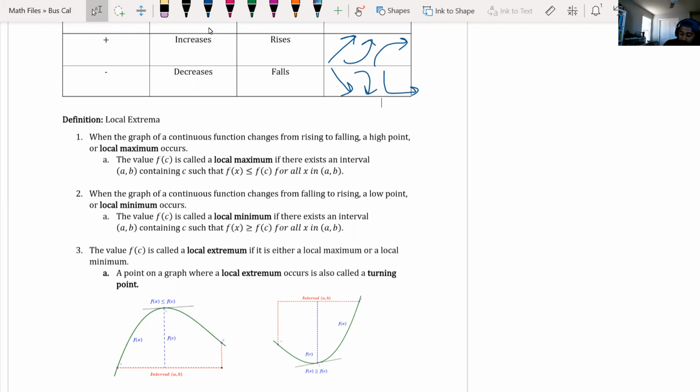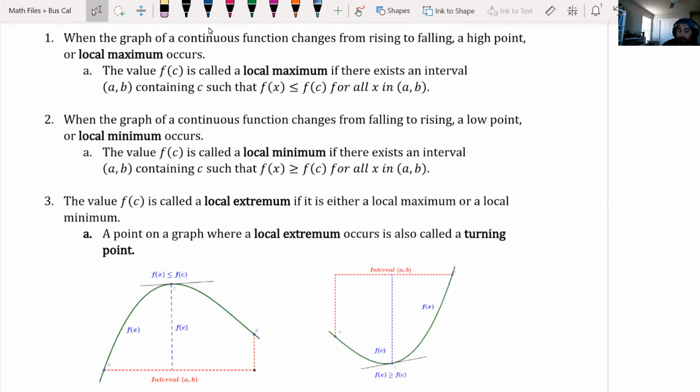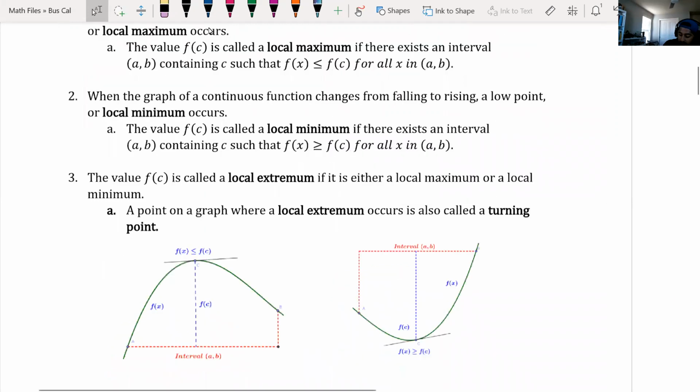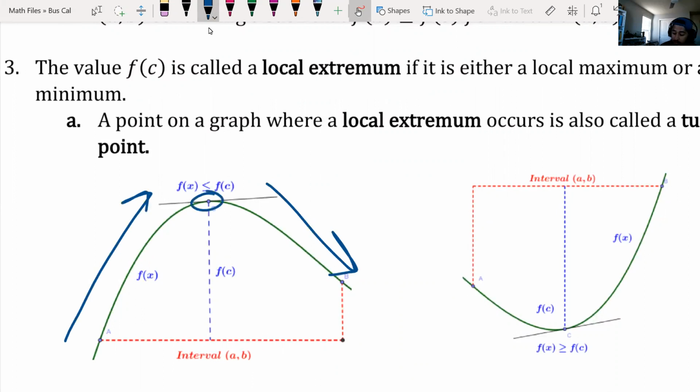So the graph down below would represent a function rising and falling. So if we look at the first graph, this graph would be rising and then falling. And if you rise and fall, then you create a local high point called a local maximum.